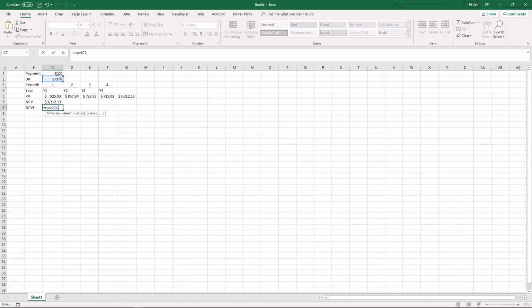Well, this is a pretty simplistic version of using NPV, because all our payments are the same. So it's going to be C1, C1 again, C1 again, and C1 again. We have 4 payments of $1,000 at that rate. So every payment that we indicate here is interpreted by the NPV formula as the period payment going forward. Okay, so if we just hit enter on that, we end up with the same number.